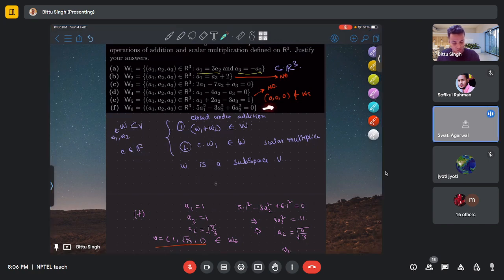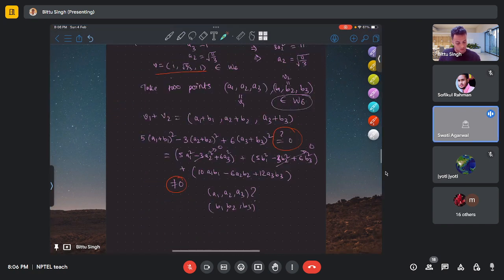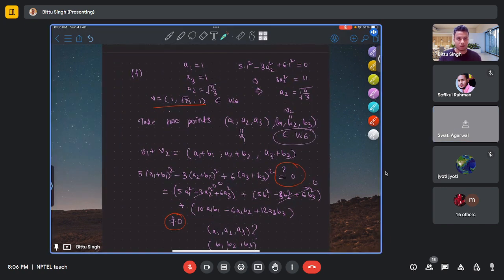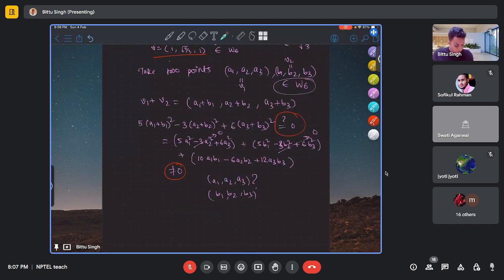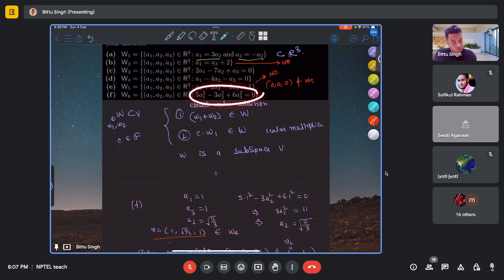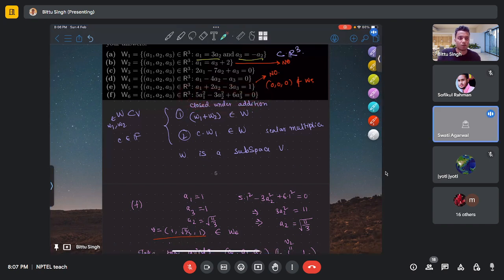So if it is not closed, you need to give two vectors V1 and V2 for which the equation is satisfied, but their addition V1 plus V2 does not satisfy it. Explicitly, yes, two vectors which will prove this.